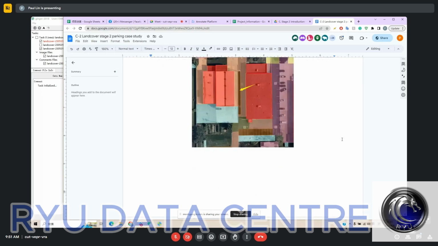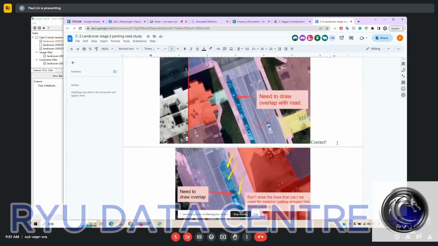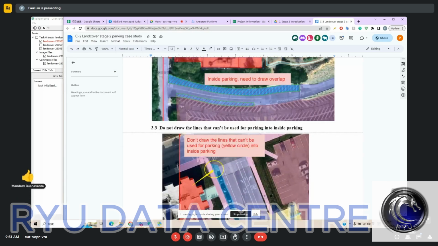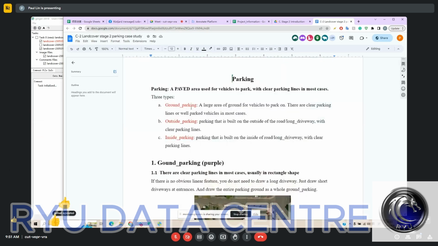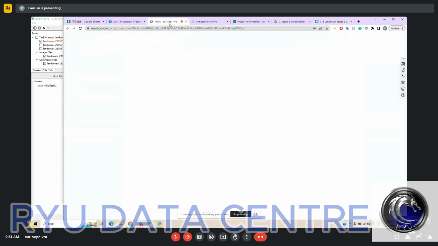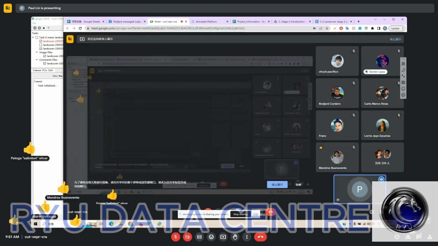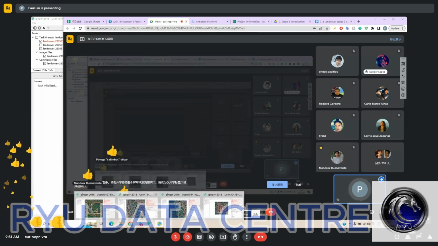Is that clear? That will be everything for this parking. Three kinds of parking, how you should classify them, and how this will help you in the real project. If that's clear, then let's move to the real project work.